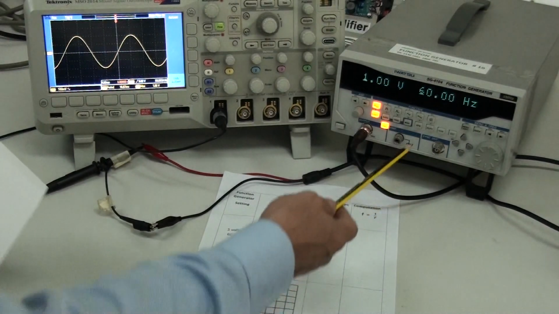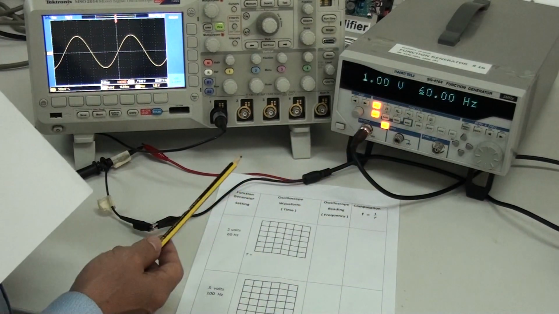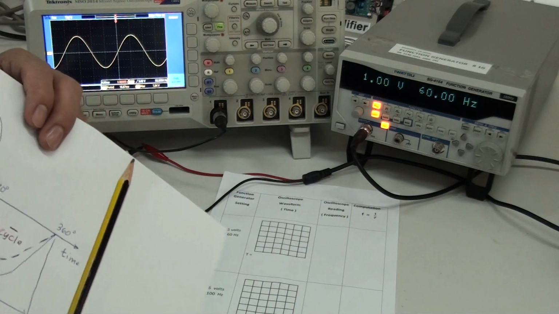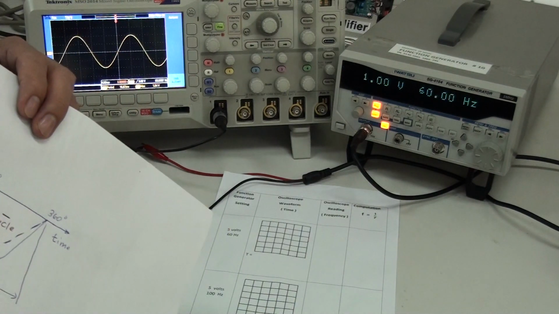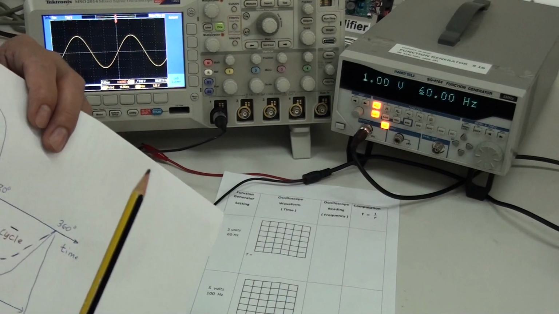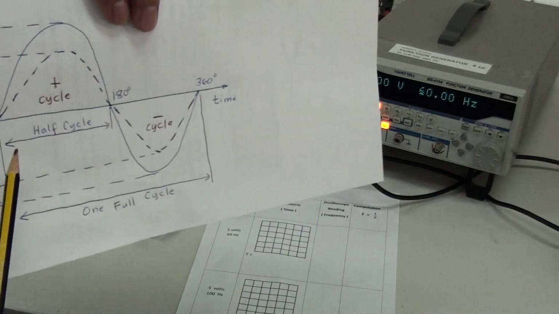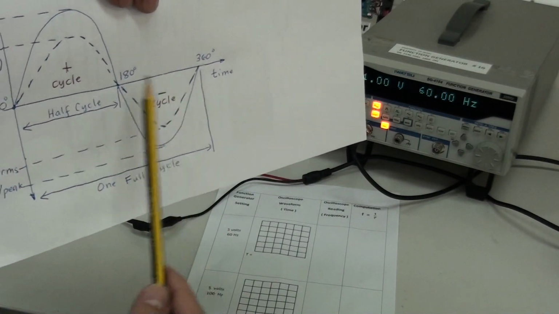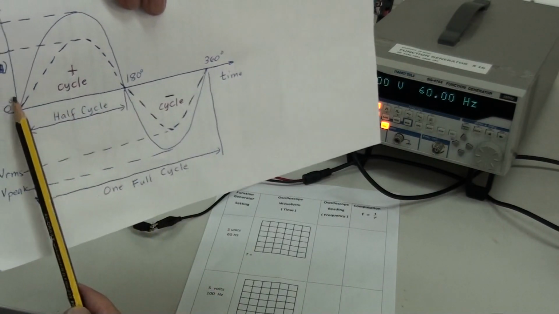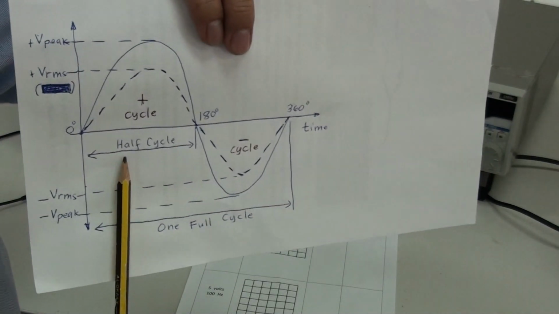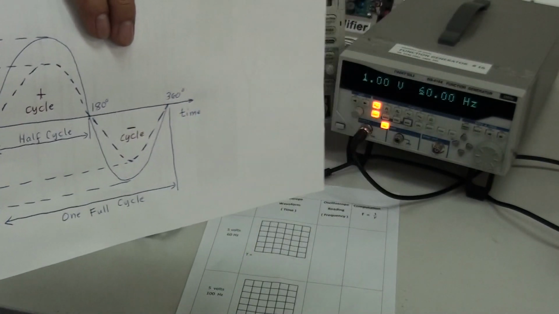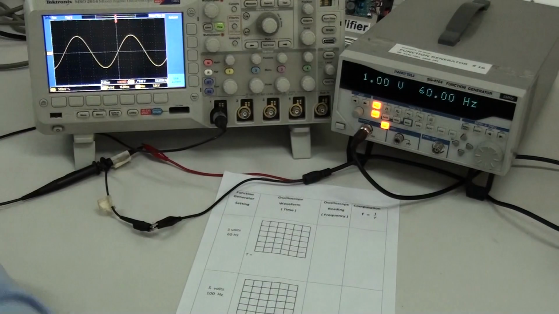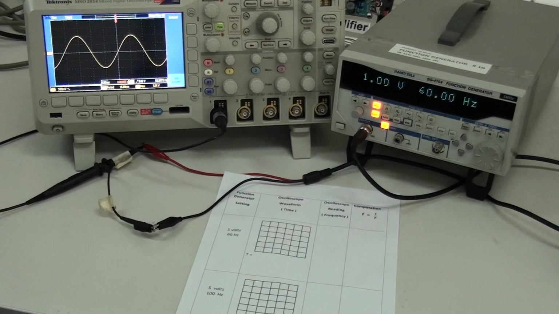That's why here you have 60 hertz, meaning there are 60 cycles in 1 second. Or let's say 100 hertz, so there are 100 cycles in 1 second. This is the cycle, and this is the period or time of 1 cycle.